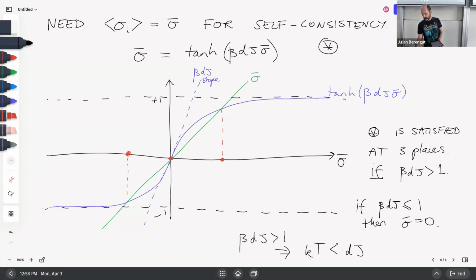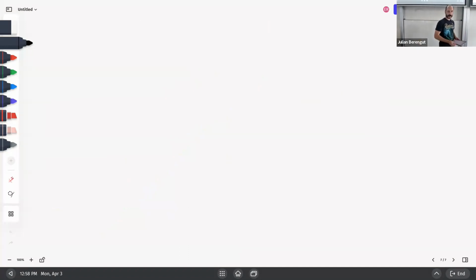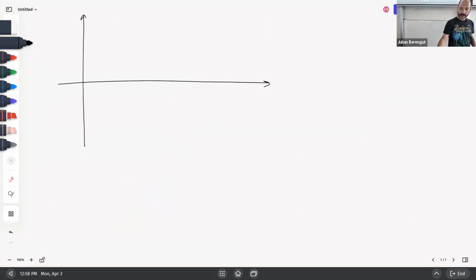What does that look like? I can actually do another plot, and the plot would look like this: temperature on this axis, and average value of spin on the other.